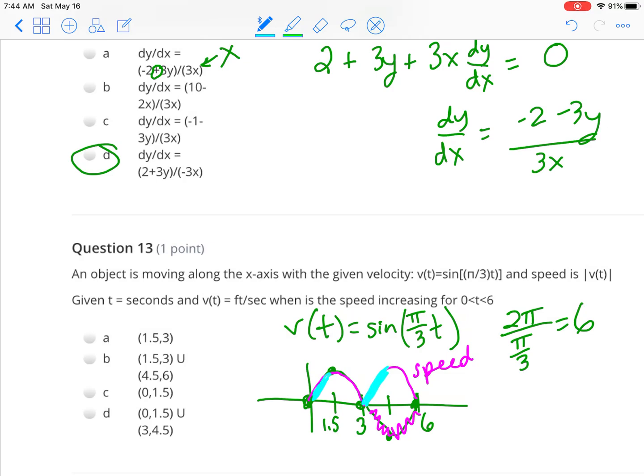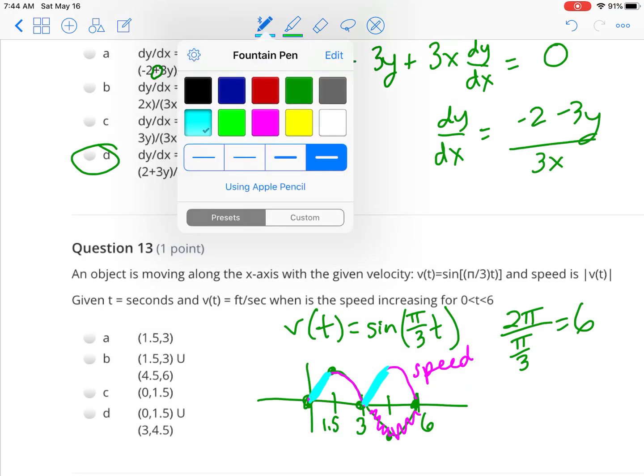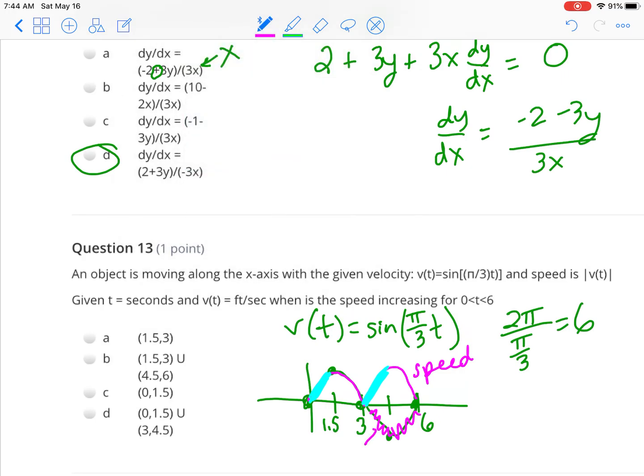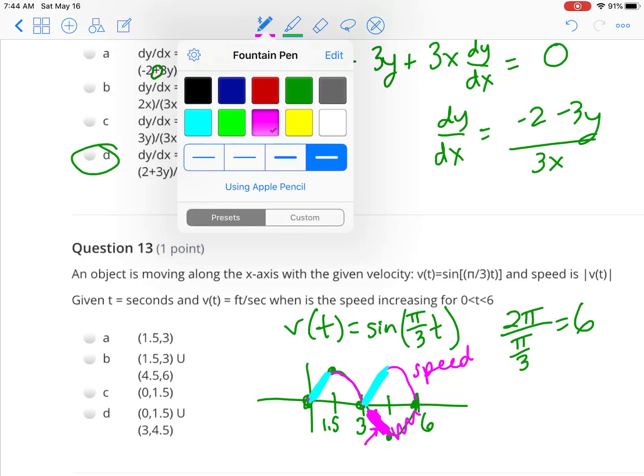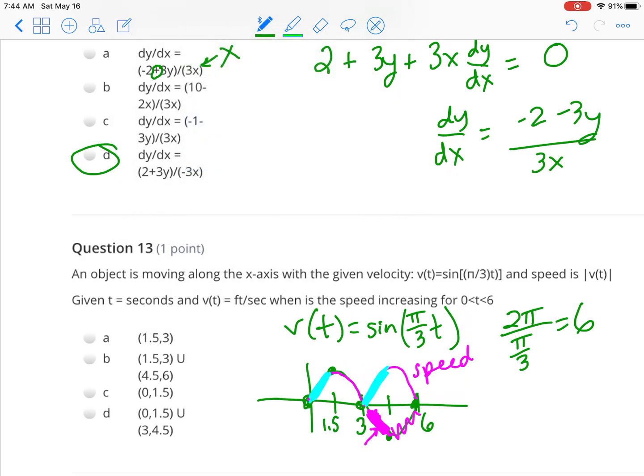That's really the easiest way to see that speed is increasing because the numbers are getting larger. And if you had looked at the velocity graph down here, they were getting more negative. So that is a way to see also possibly if velocity is getting more negative, that does mean the speed itself is increasing. All right, so that one ended up being 0 to 1.5 and 3 to 4.5.